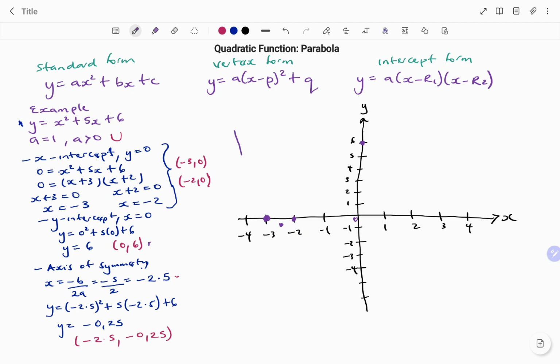Coming from here, going down, that's my turning point, and it's also going to go through the y-intercept. So that's the rough sketch of my parabola, showing all the important points on my graph.